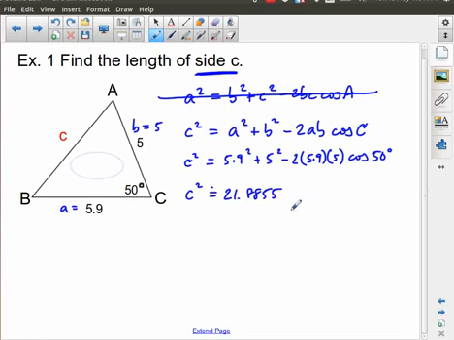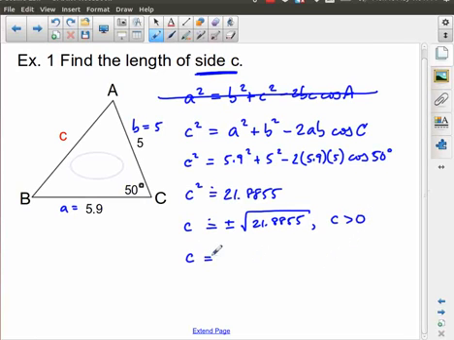And so C is equal to plus or minus the square root of 21.8855. But of course C is a side length, so I'm going to say that C must be greater than 0.